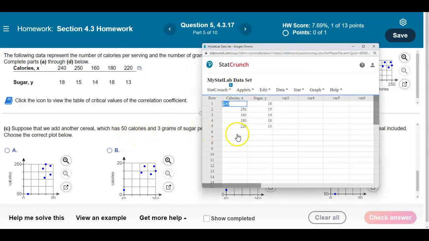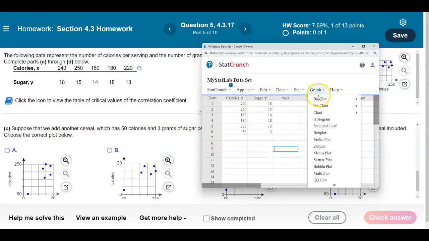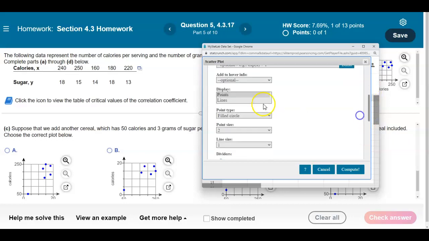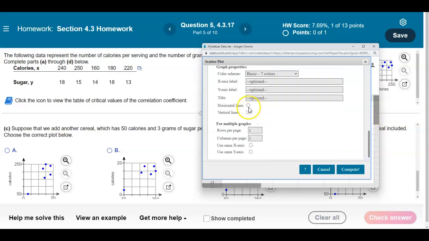Down here, we add 50 calories, and here we put in 3 grams of sugar. Now we're going to create a scatter plot, where X is the calories and Y is the sugar. We want to make sure the points are highlighted, and that there are horizontal and vertical lines for us to clearly match our result.